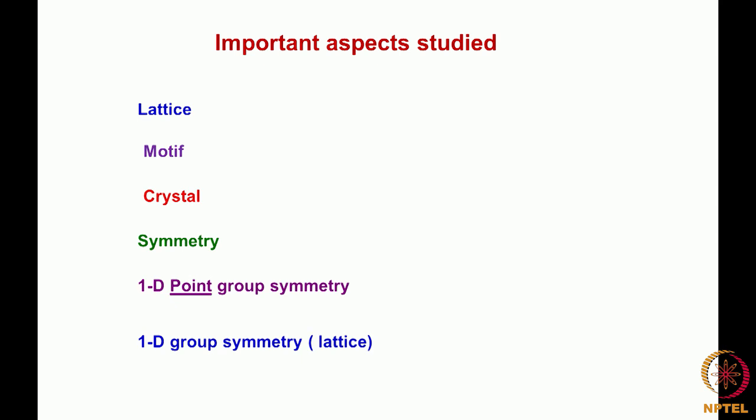We have seen that around the lattice also we have a symmetry. There are some symmetries associated with the motif, because only motifs with these symmetries are consistent with the one-dimensional periodicity. Then we have seen point group symmetry. What are the symmetry operations which we have? One-fold, two-fold and mirror.